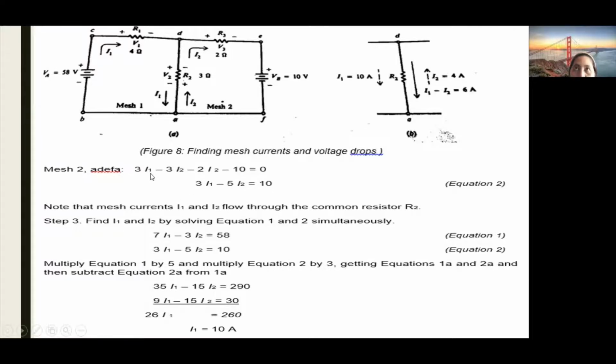It's positive because it's I1, so it's in the opposite direction to the second source. So this is the I1. That's why it's positive. Again, here is the I1, and it's the second source, it's going in.